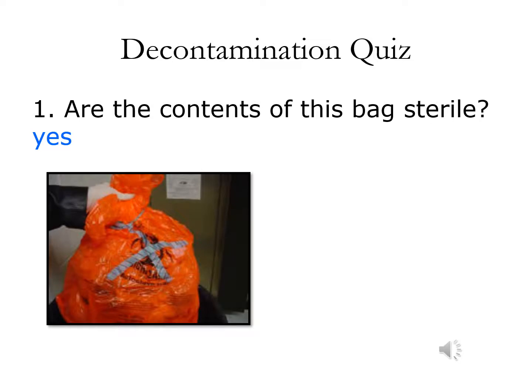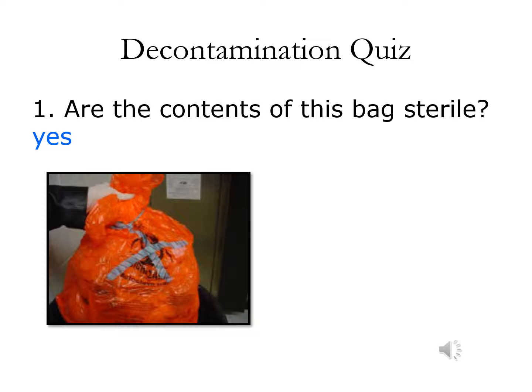Let's talk about this answer. Are the contents of this bag sterile? According to that indicator tape with the black lines now, yes, the contents are sterile. But remember that indicator tape and the change in color of the stripes only indicate that the autoclave has come up to the determined temperature.